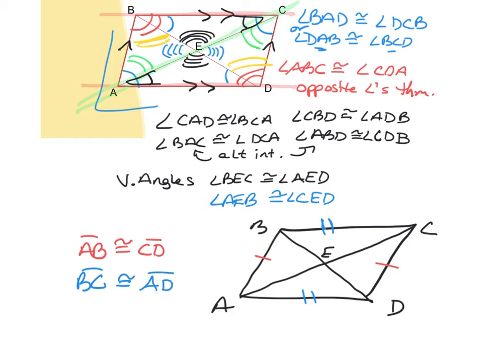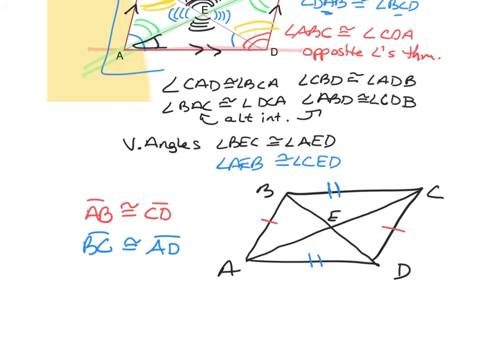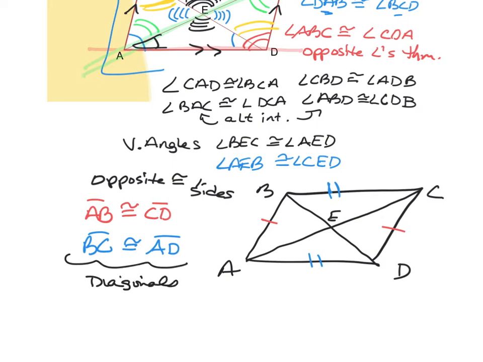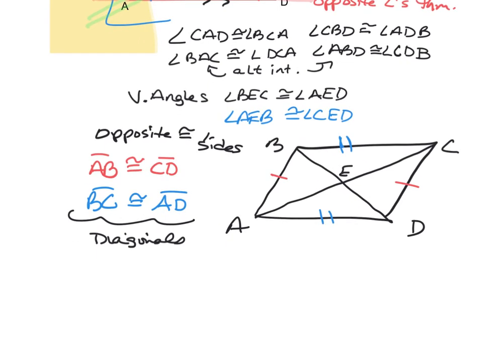And now because they've also drawn in the diagonals, I know diagonals bisect each other. So these two are the opposite congruent sides. And now I'm going to use the diagonals. Because the diagonals have been bisected, I know that BE is congruent to ED, so this congruent to this.